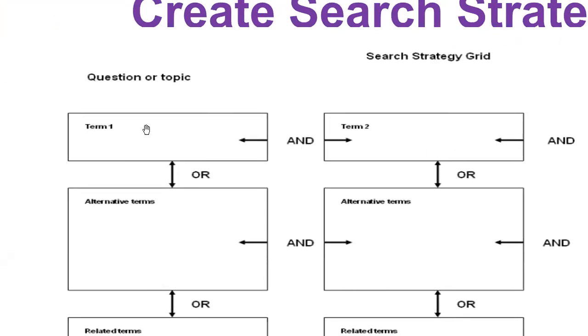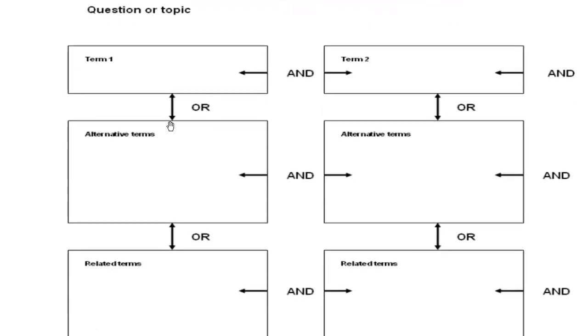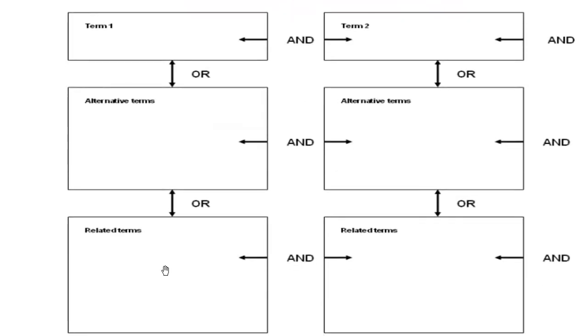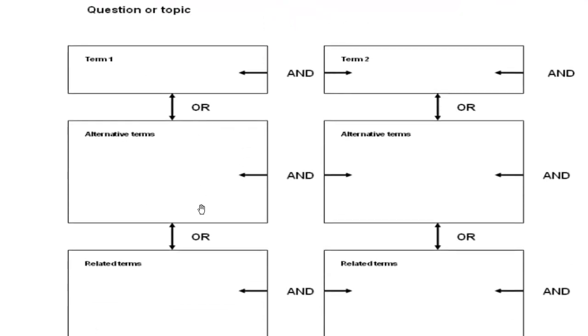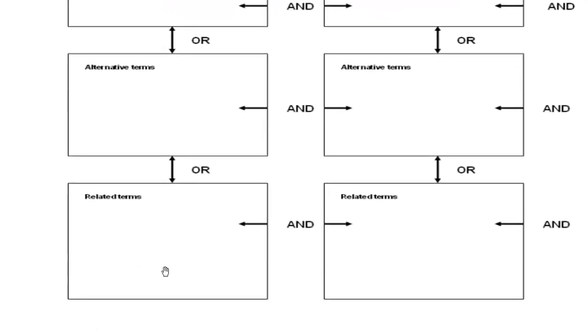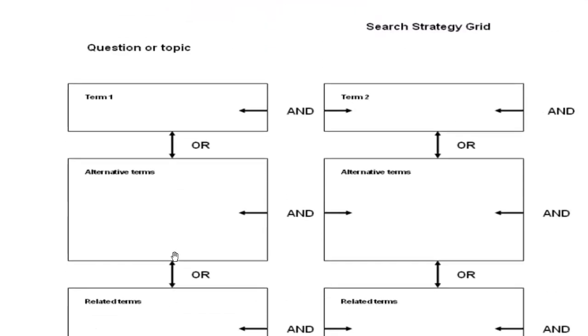Here you have the first term that you are searching, and then you have to identify alternative terms this way, vertically. Then you identify related terms that will go by or. This could extend downward.